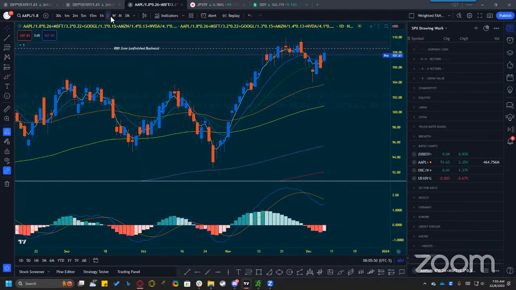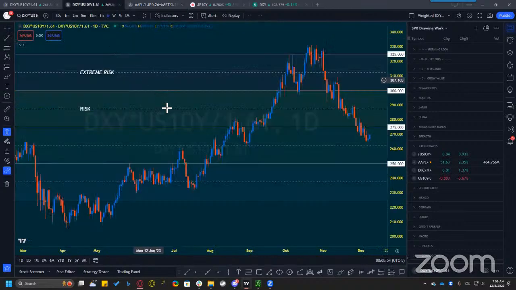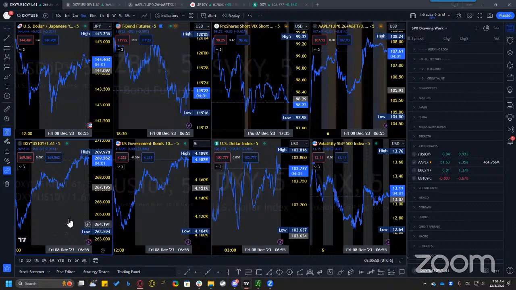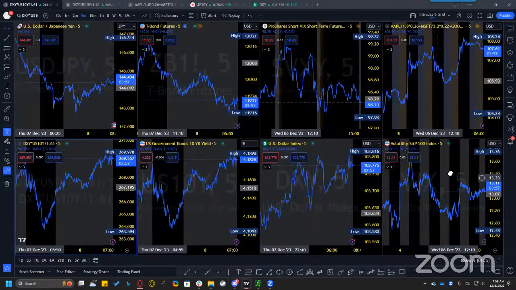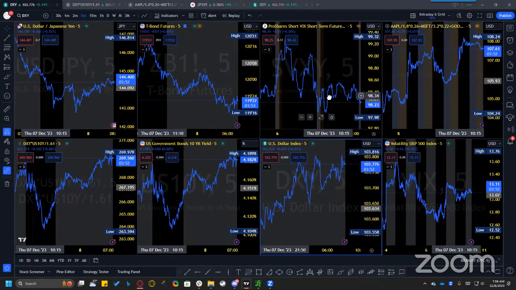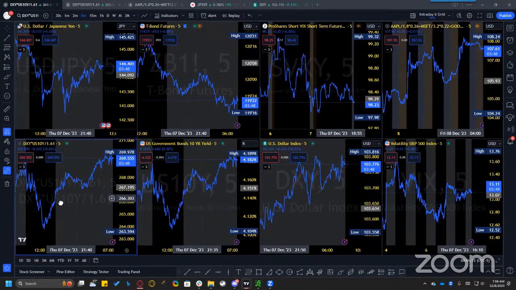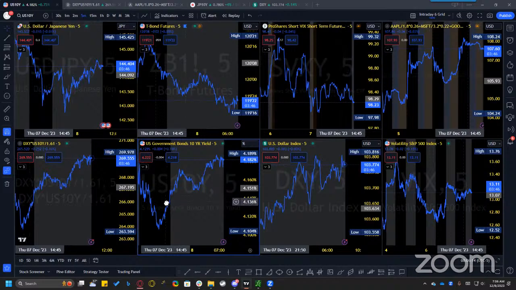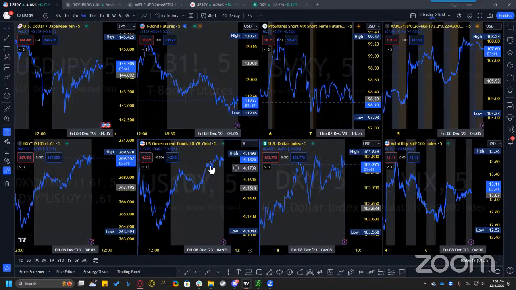Not too significant yet. The dollar and the 10-year are holding against their highs on the session.